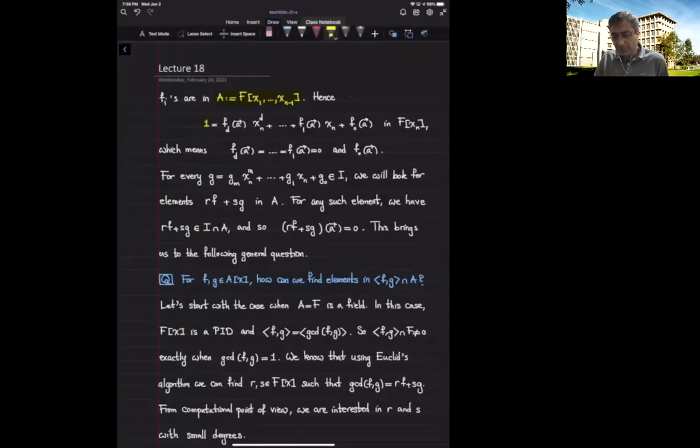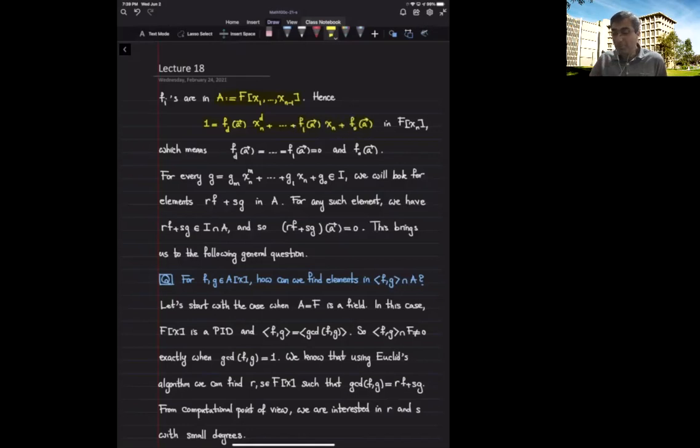The constant polynomial 1 is supposed to be f sub d evaluated at a times x sub n raised to power d plus f sub d minus 1 evaluated at a times x sub n to power d minus 1, and so on, f sub 1 evaluated at a times x sub n plus f sub 0 evaluated at a.